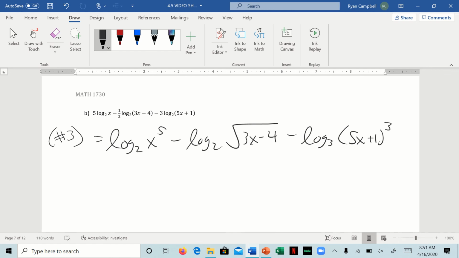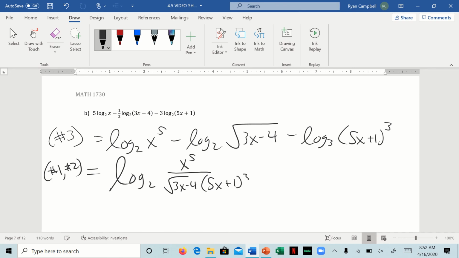And then again, anything that's positive, we're going to do number 1 and number 2, going to go up top under the 1 logarithm. And then anything that's subtracted goes in the bottom. So square root of 3x minus 4 times 5x plus 1 cubed.